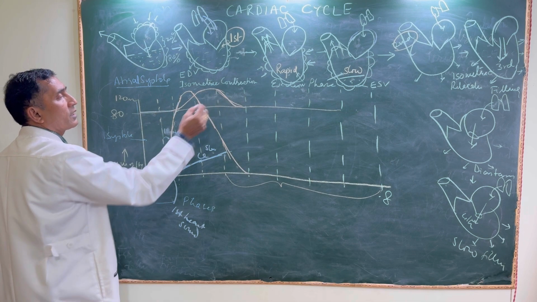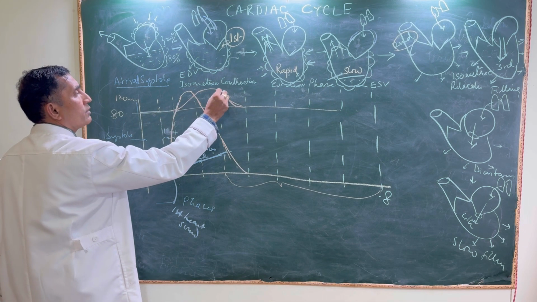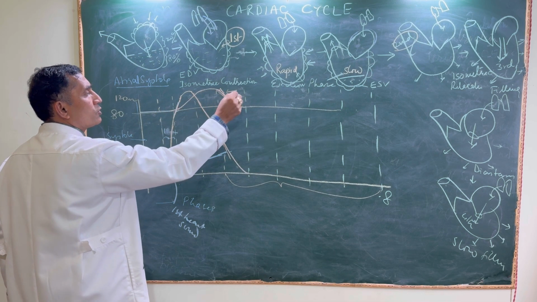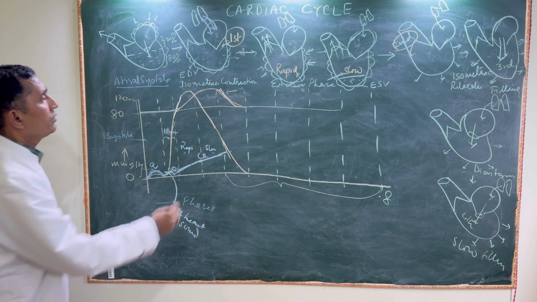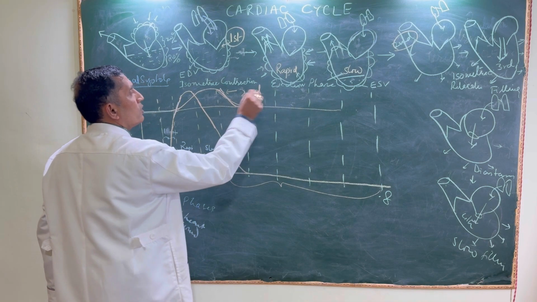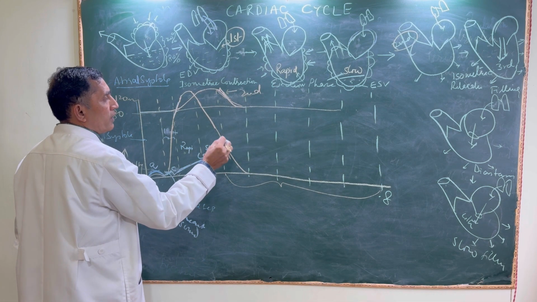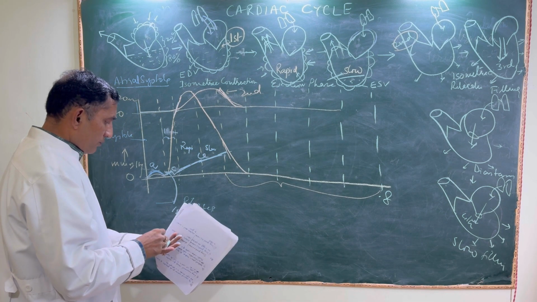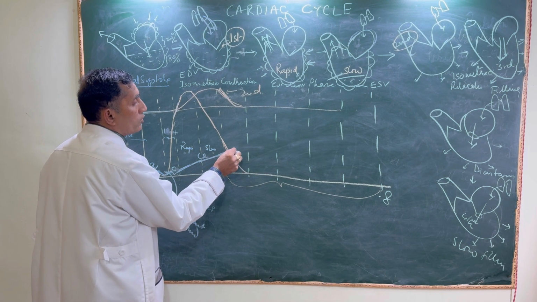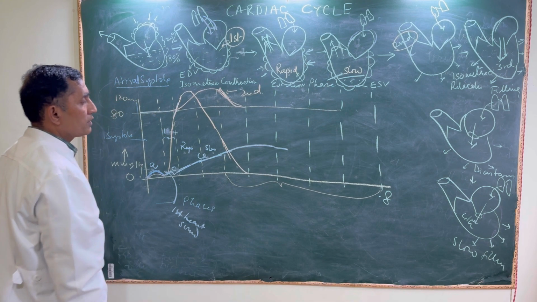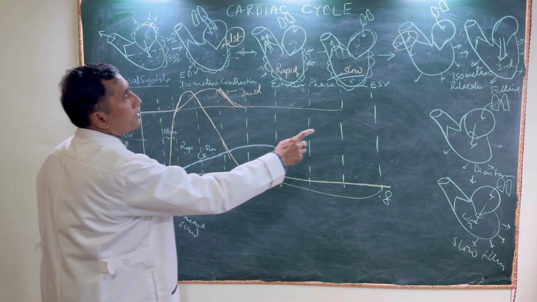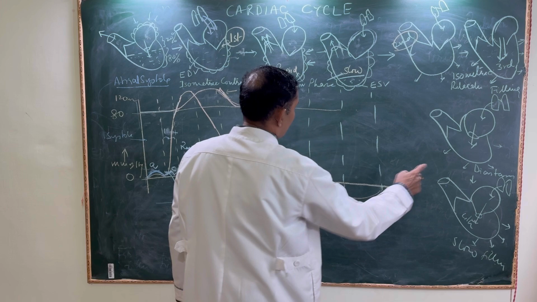This is the aortic pressure curve. Here there is a notch because of the closing of the valve, that is the second heart sound. Then the volume keeps increasing. Next is the isometric relaxation period.